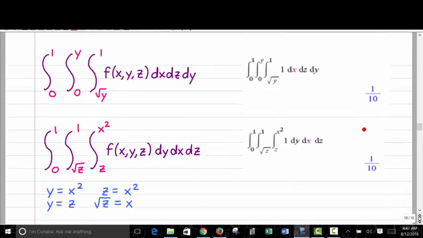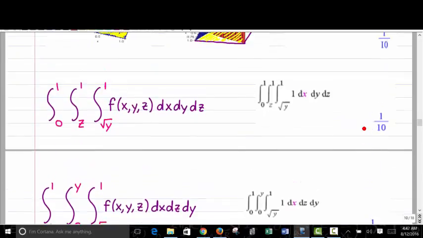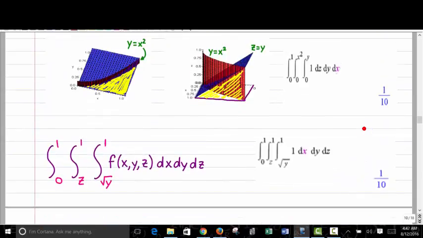And then this one, dy, dx, dz. So let's take a look at this one. y is in terms of x and z. Now that makes it kind of interesting because we can incorporate both of these being variables, because y is in terms of x squared, and y is in terms of z. Since y is first, we're going out the positive direction for y.